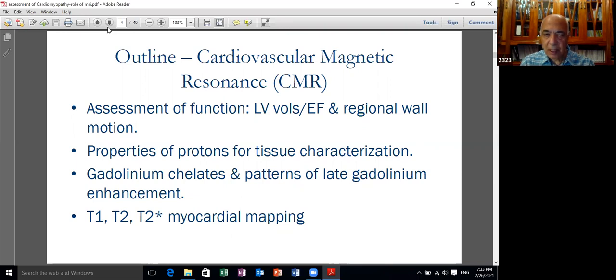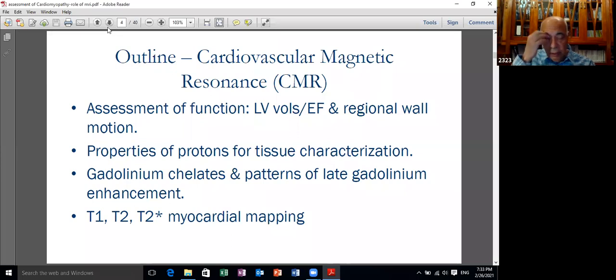A proton is the nucleus of hydrogen, so it has many names. You can call it a proton, you can call it a spin. A spin is a proton, a hydrogen nucleus. They are not exactly the same, but they are used in the area of CMR as synonymous terms. And we will discuss the role of the properties of protons in tissue characterization.